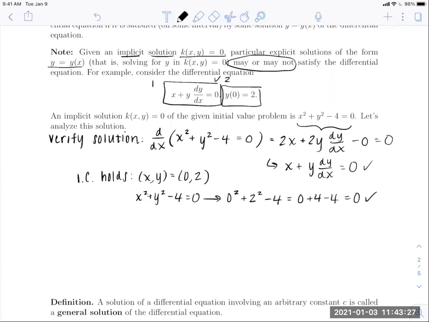So I've now checked both things, that the equation satisfies the DE and also that the equation satisfies the initial condition. All right, so we can now say that this is indeed a solution to the IVP. Let's now take a look at the explicit solutions that it would admit.